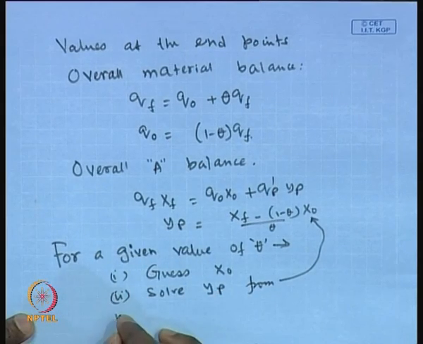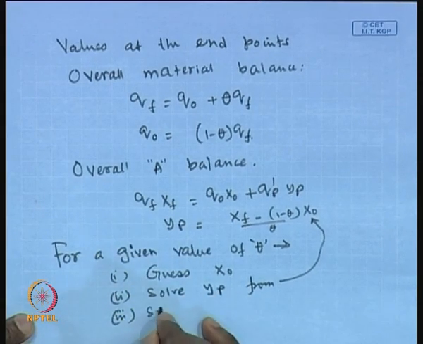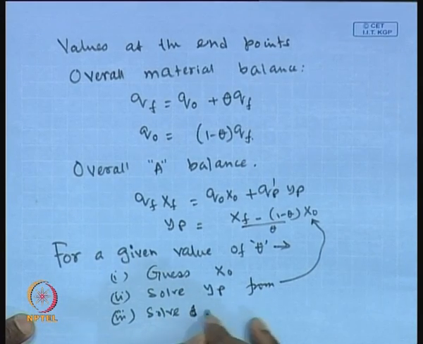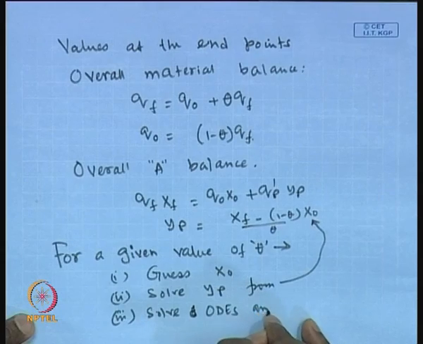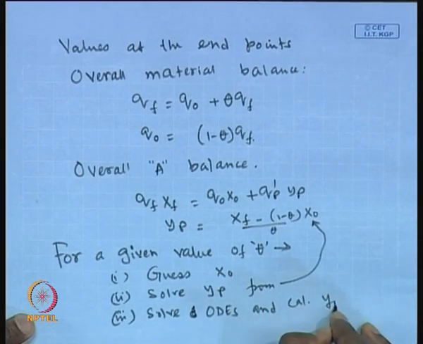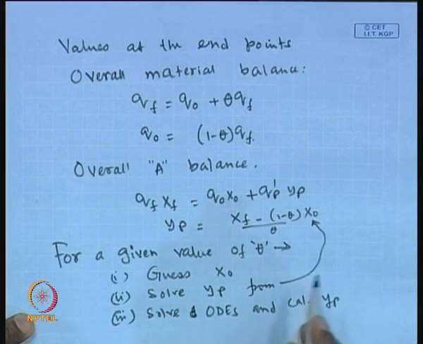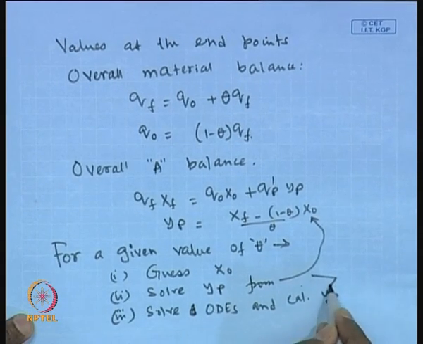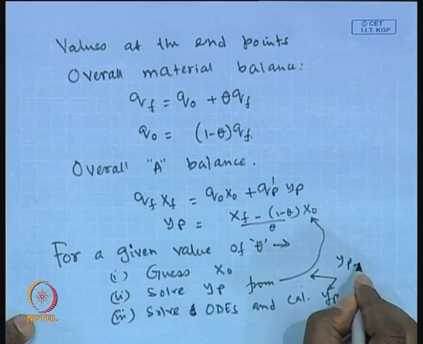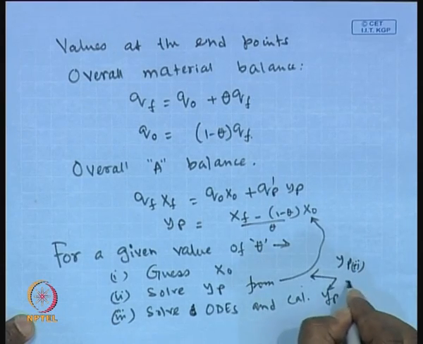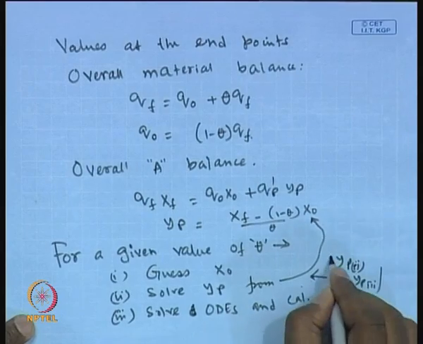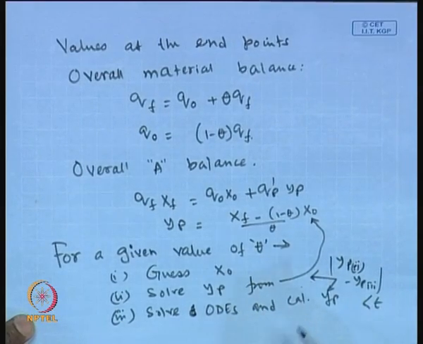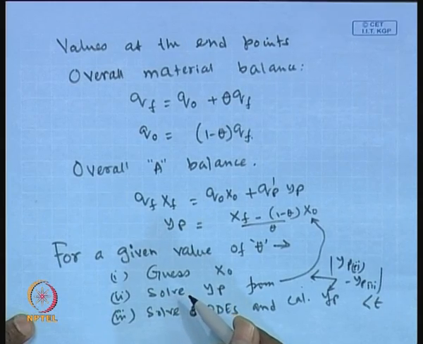Now, solve the differential equations, ODEs, and calculate Yp, okay, and check whether the value of Yp that you are getting from step number 3 is coming close to step number 2 or not. If yes, fine. So, you compare these two values, Yp from step 2 minus Yp of step 3, mod of that, whether that is less than epsilon or not. If yes, fine, otherwise you have to guess a new value of x0.